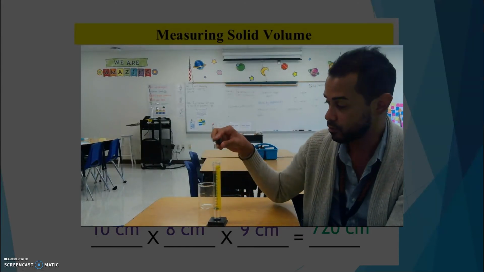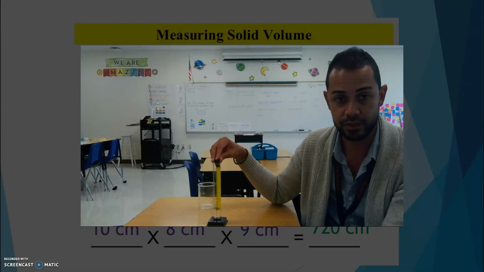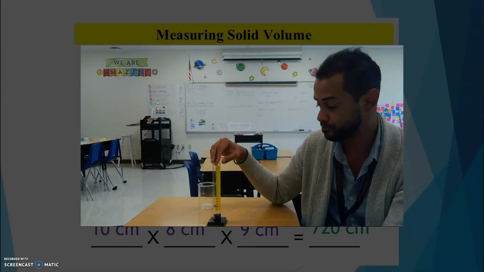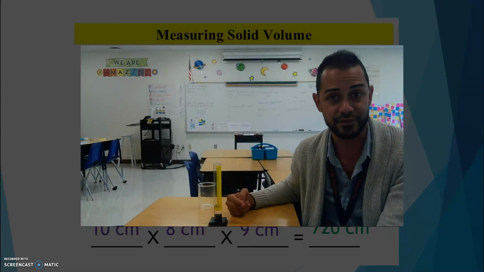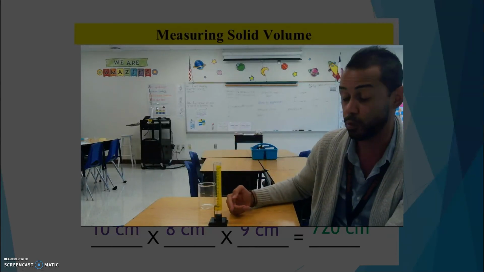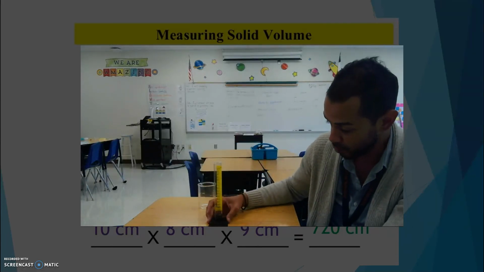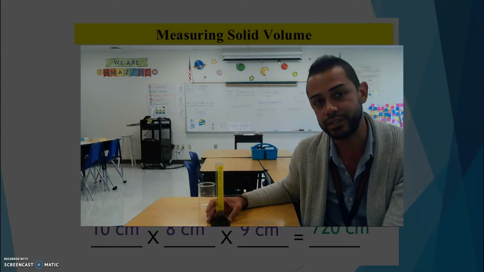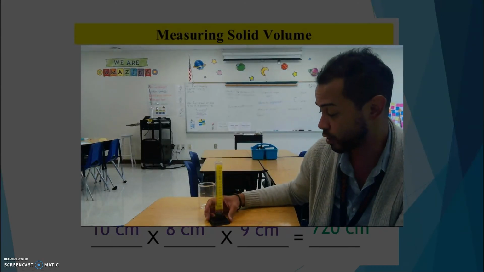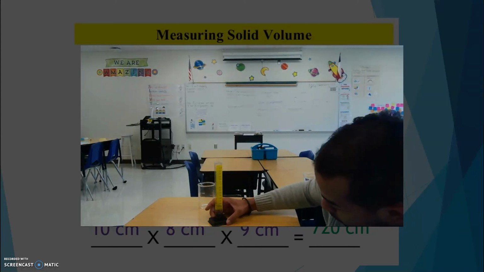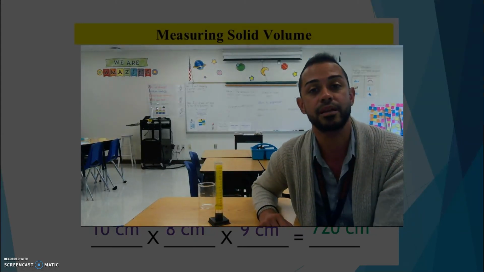Then we're going to put the object inside of the graduated cylinder. Obviously, because the stopper has volume, the water is going to rise. Now we have a different amount of water. In the beginning we had 25 milliliters. Now we have about 30 milliliters of water.